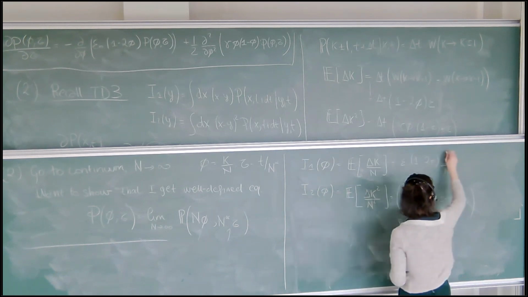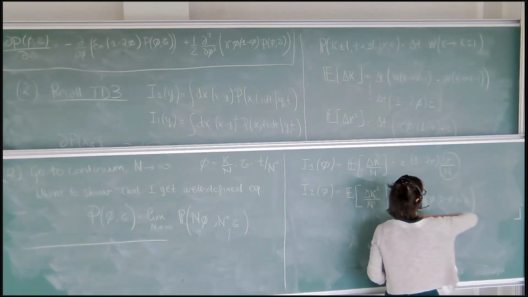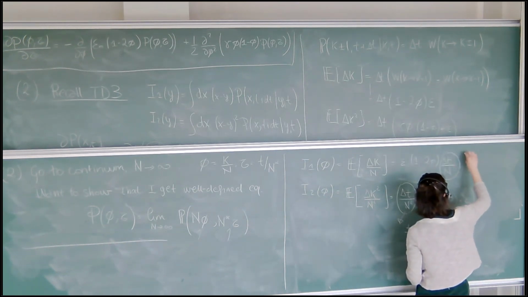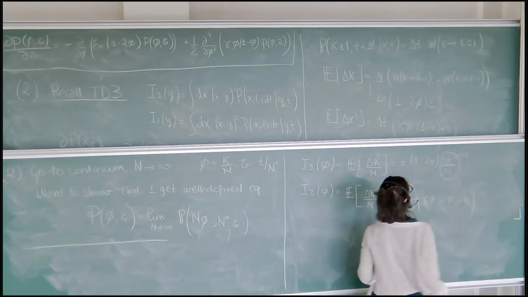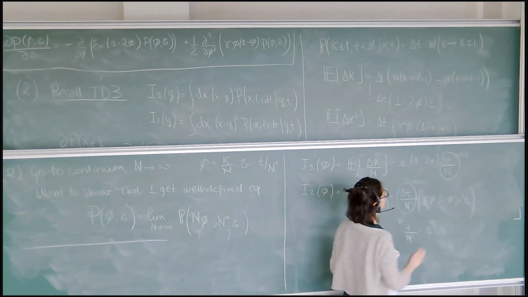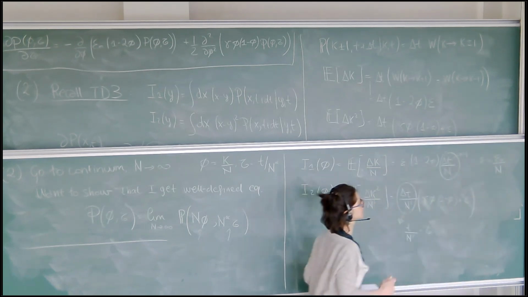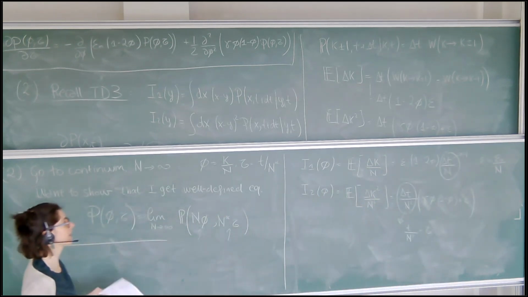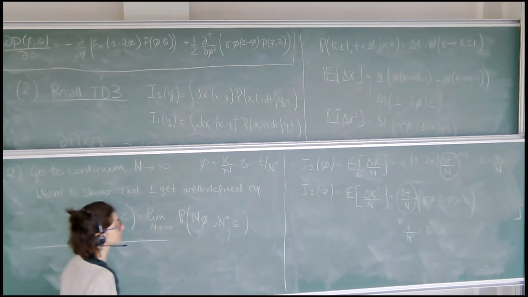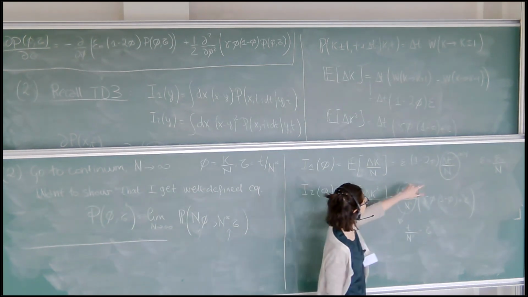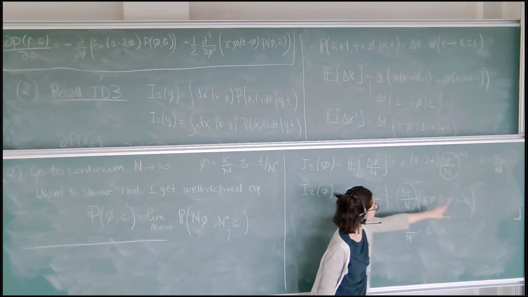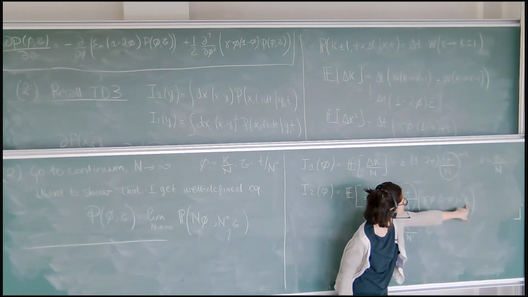And if you do this, this will be of order n, and therefore you have to redefine epsilon to be some constant epsilon 0 divided by n. So you recover your rescaling of time from this shortcut, and once you do this, then this epsilon will disappear because it is of order 1 over n.